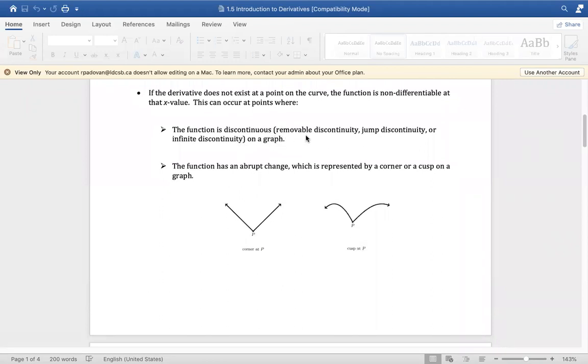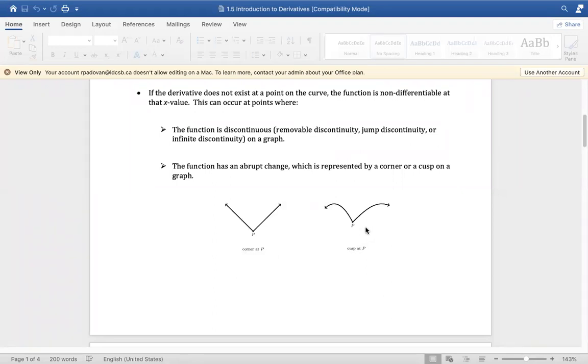So if the function is discontinuous, which we just learned about, if it has a removable discontinuity, or a jump discontinuity, or remember the infinite discontinuity with the asymptote on the graph, then at that point where those discontinuities are occurring, it's non-differentiable. Then that means I can't get my derivative. So if it's discontinuous, then it's not differentiable.